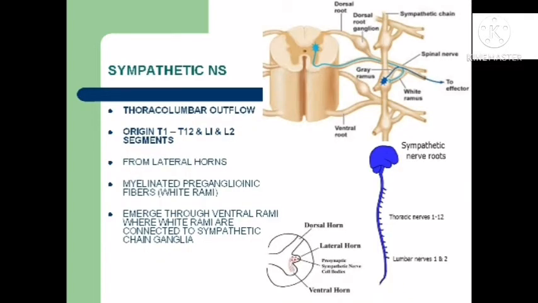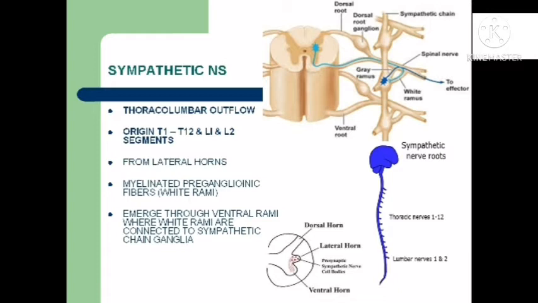Now, the anatomy of the sympathetic nervous system. It is also called thoracolumbar outflow because it starts from thoracic segment 1 through thoracic segment 12 up to lumbar 2 segments. They arise from the lateral horn cells of the spinal cord.